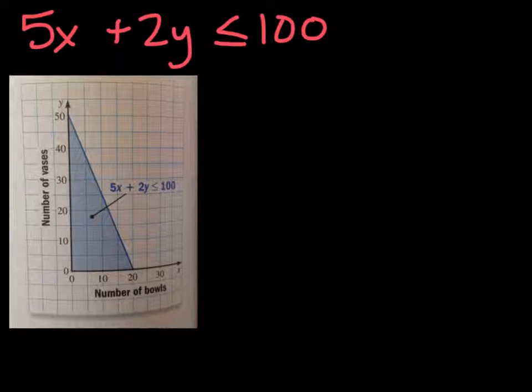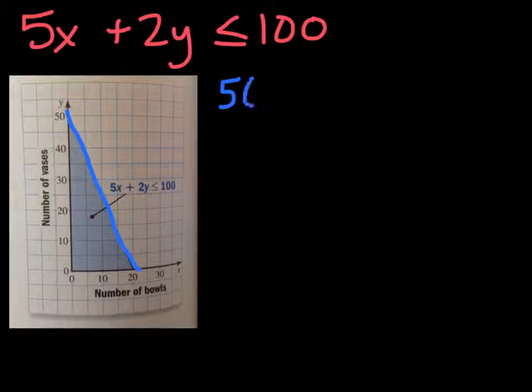Please excuse the slightly curved picture. We start by graphing our boundary line, which is 5x plus 2y equals 100. A solid line is used here because it is less than or equal to. And here is our boundary line. The next thing we'll do is test the point (0, 0) in the inequality.